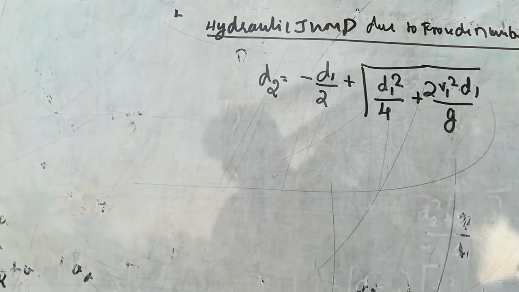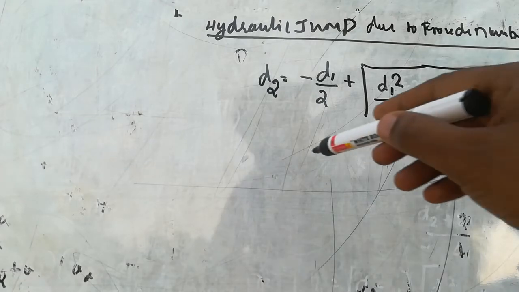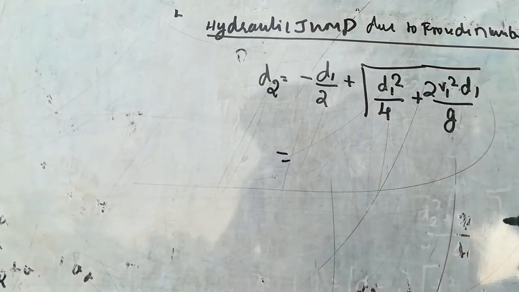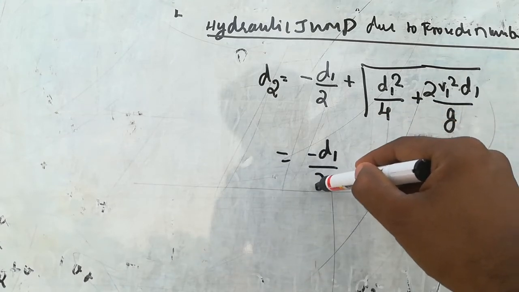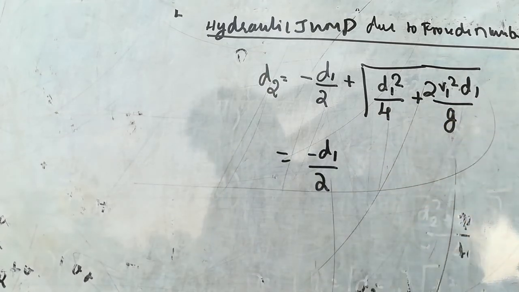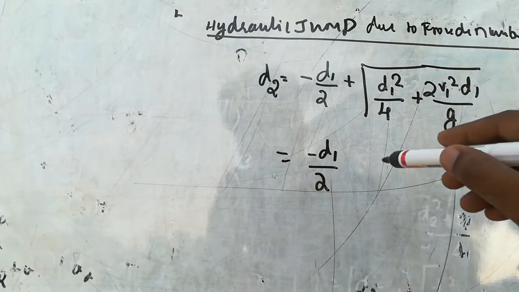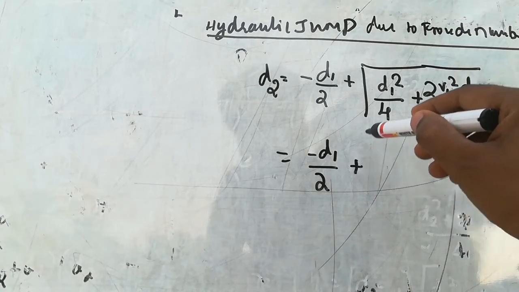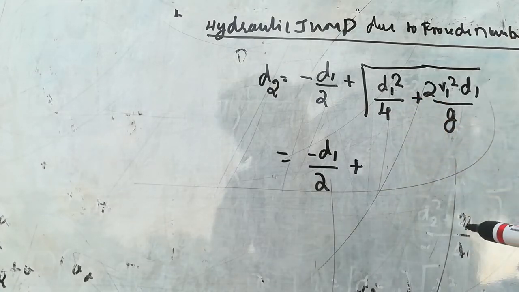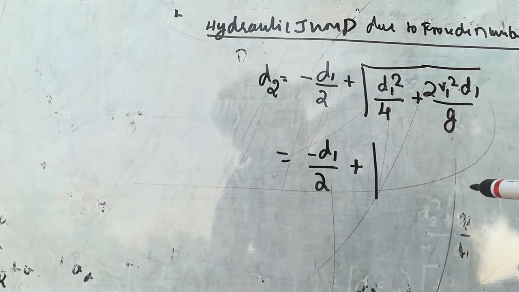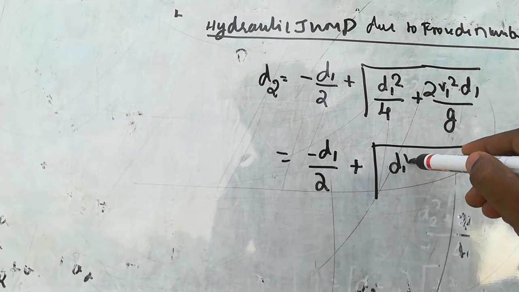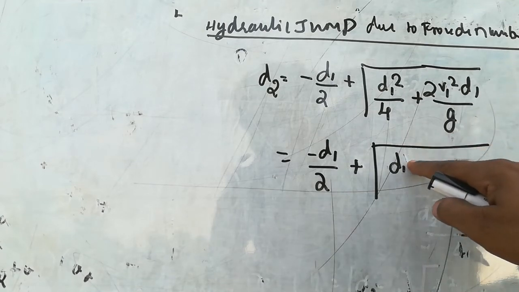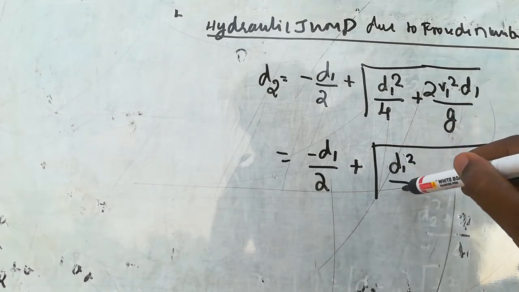So here what we need to make, minus d1 by 2, plus d1 square by 4 is there. So I can write d1 square by 4.